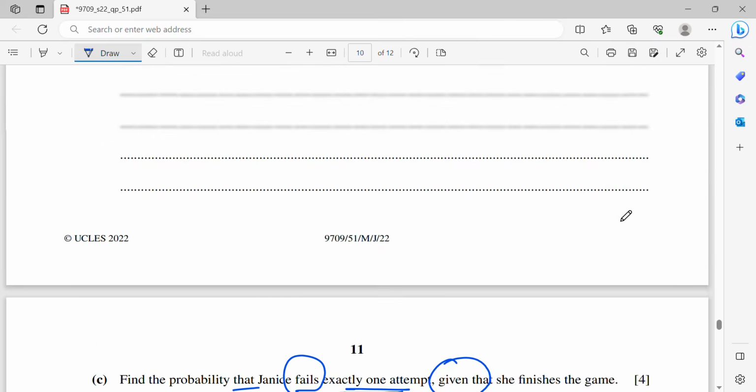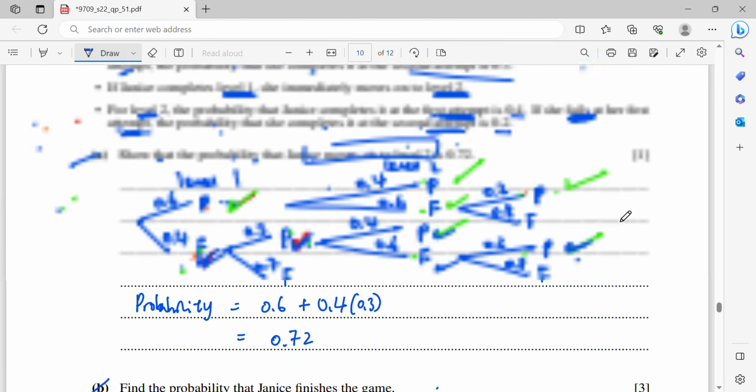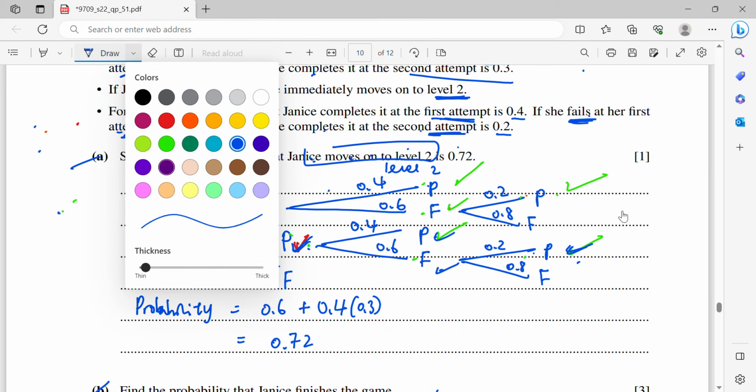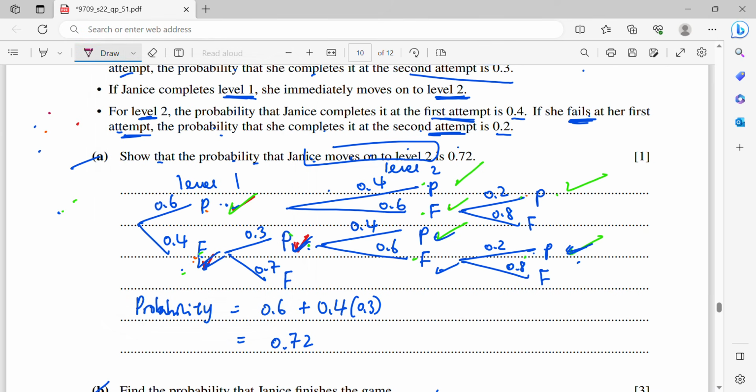Let's look at the tree diagram. So now, it fails exactly one. Let's say I choose, purple, maroon color. So the first one cannot, because already, it can be P. Okay, it can be P. And then make sure she fails in exactly one attempt.